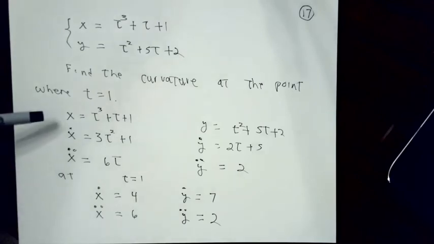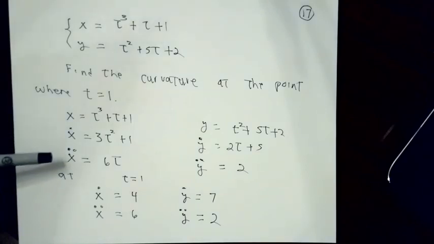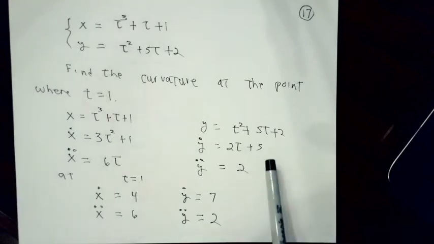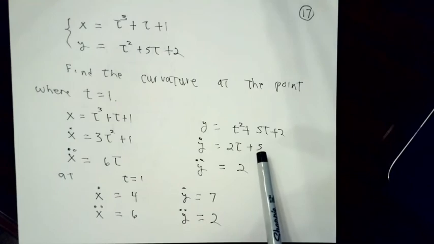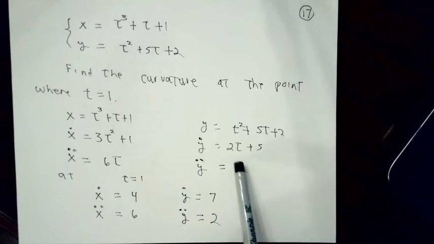If x is t cubed plus t plus 1, the derivative is 3t squared plus 1, and the second derivative is 6 times t. On the other hand, if y is t squared plus 5t plus 2, the derivative of y with respect to t is 2t plus 5, and the second derivative is the constant value 2.